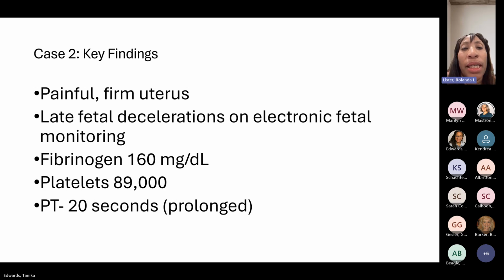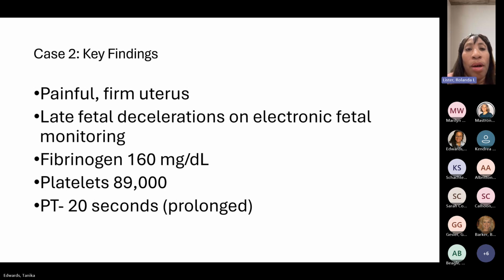We have seen it as high as 500 and 600, once again because of the liver clotting factors. The platelets are 89,000, consistent with thrombocytopenia, and a prolonged PT.